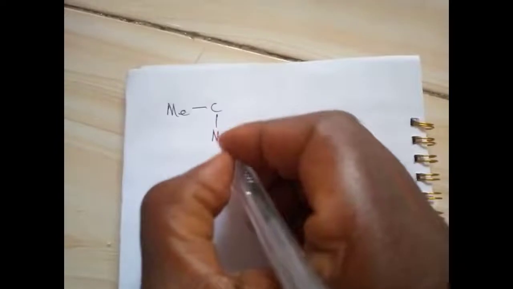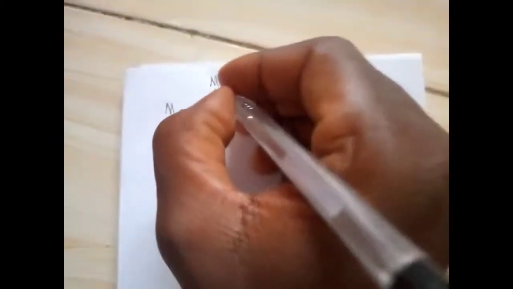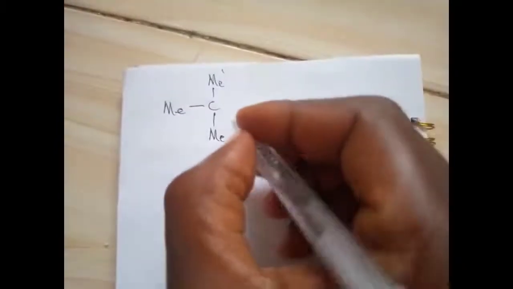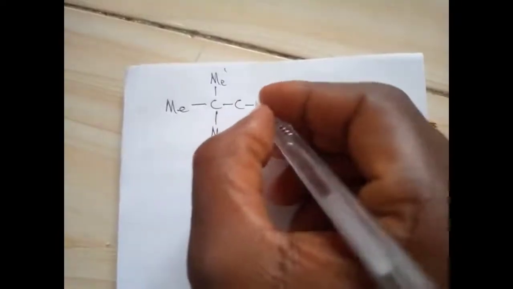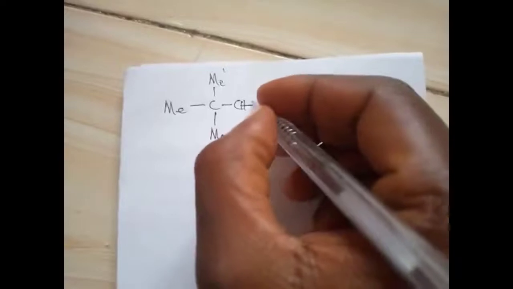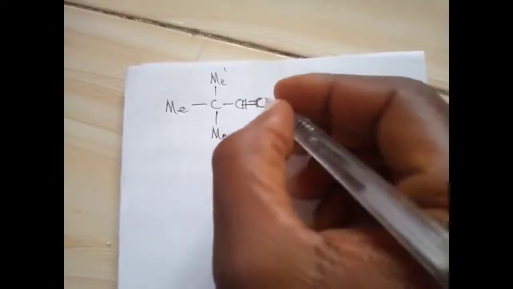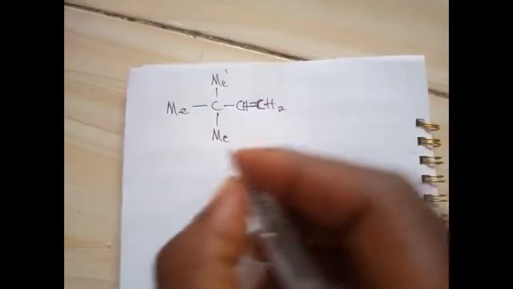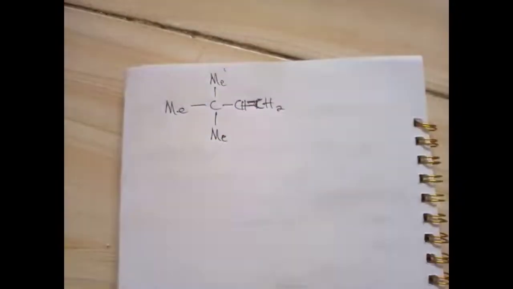An example is if we have a methyl group bonded to a carbon atom, bonded to another methyl group, and a different methyl group. Okay, we have a double bond here, CH2. Okay, let's make use of this.